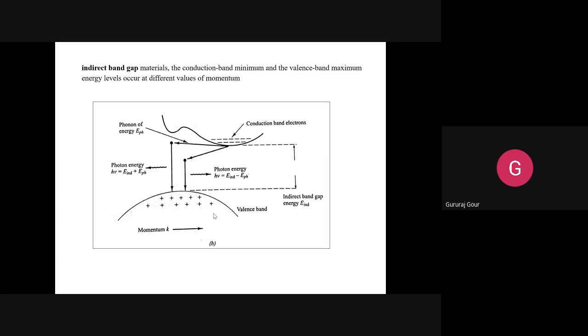But as far as the concept is concerned, we are mainly focusing on what is exactly happening when they're jumping from the conduction to valence band. In direct band gap, the momentum of the electrons when they are jumping from valence to conduction or conduction to valence is the same. But it is not the same in the case of indirect band gaps. That is one important observation.